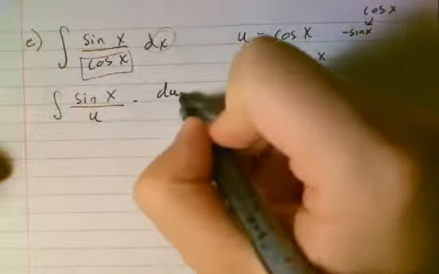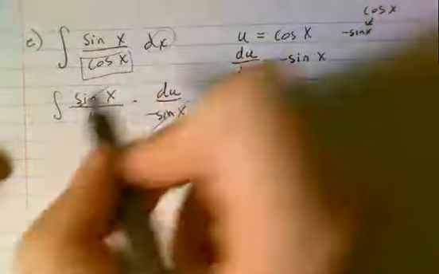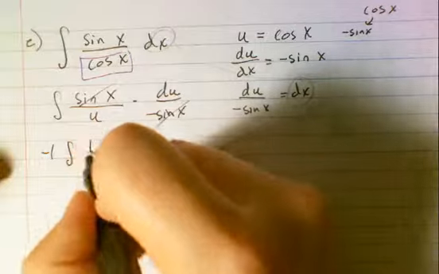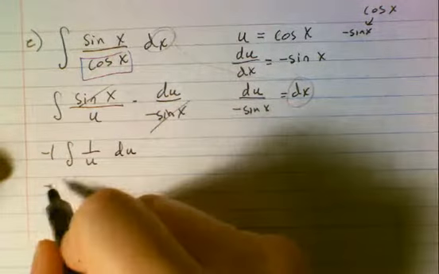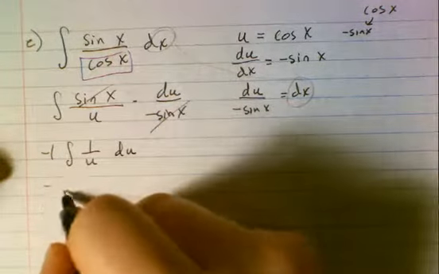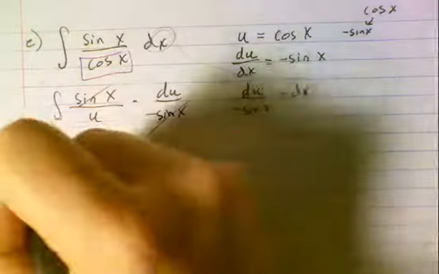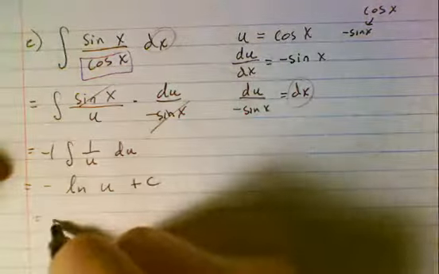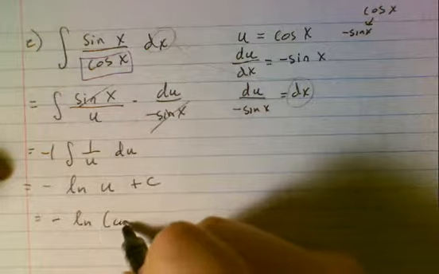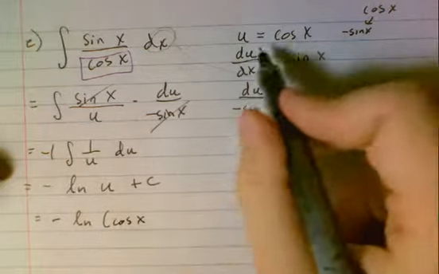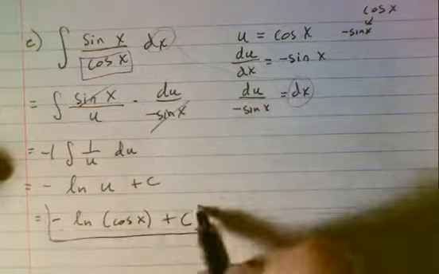And now we've got du over negative sine of x. Those cancel out. We've got negative 1 times the antiderivative of 1 over u du. That's natural log, so we have negative 1 times the natural log of u plus c. Negative 1 times the natural log of the cosine of x, that's what u was, plus c.